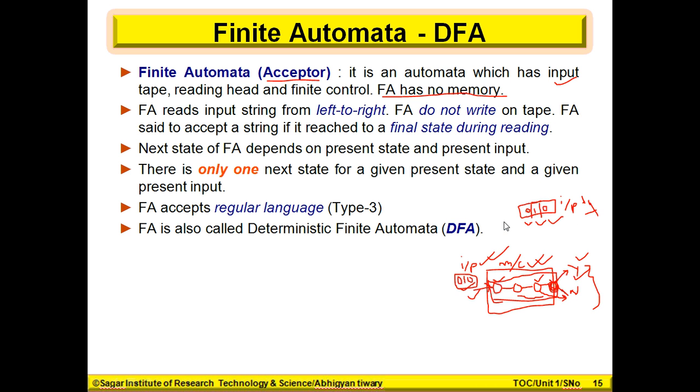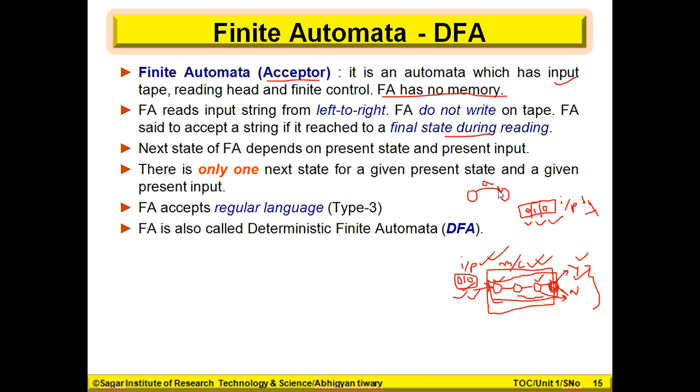What is the meaning of this? If we reach the final state after reading the string, then that string will be accepted by that machine. And the next state always depends on the present state and the present input. At a state, what kind of input we give to the state completely decides how we can transit from one state to another state.